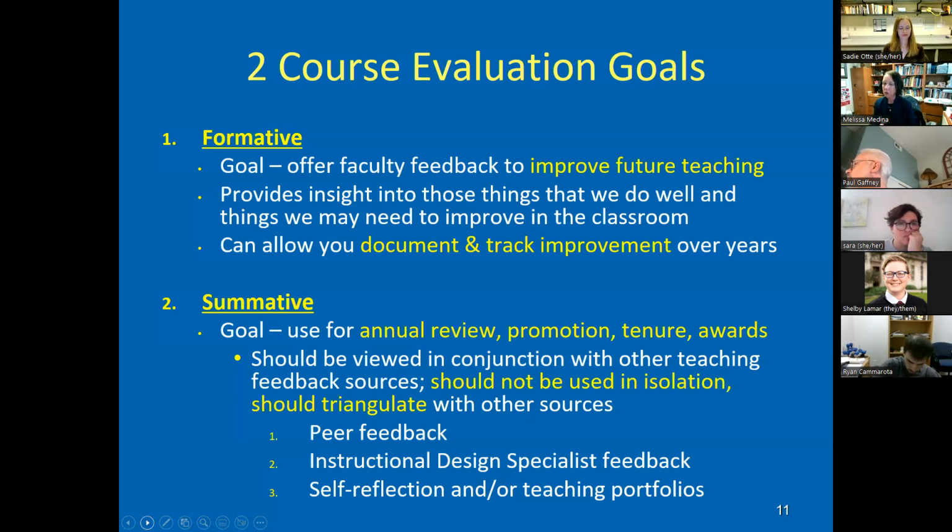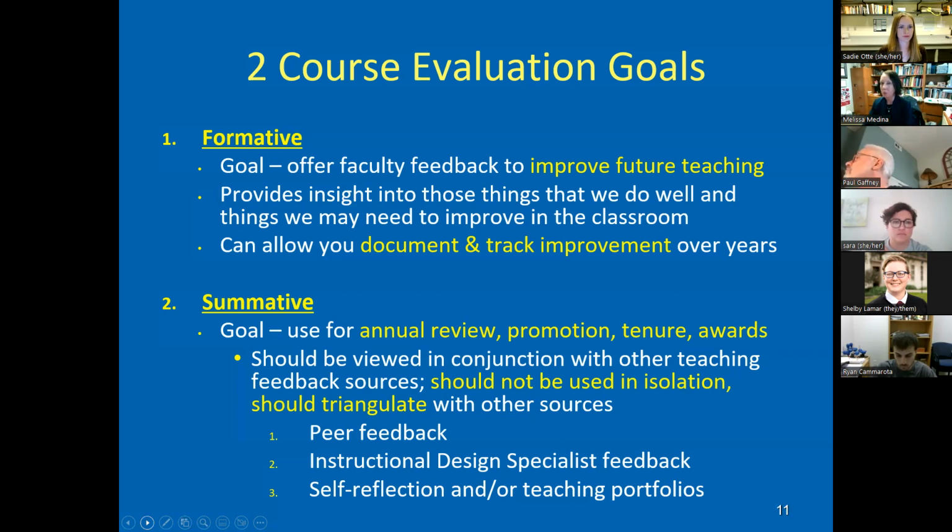If you have an instructional design specialist or a teaching excellence center, like I've been informed that you have, maybe you're doing self-reflection or teaching portfolios. So these additional areas are really rich sources of data that you should be using to help understand what your course evaluations from students mean. Department chairs or deans or whomever on your campus shouldn't be evaluating your teaching by just looking at your student evaluation of teaching. They have a role, but they are not the only source of feedback.